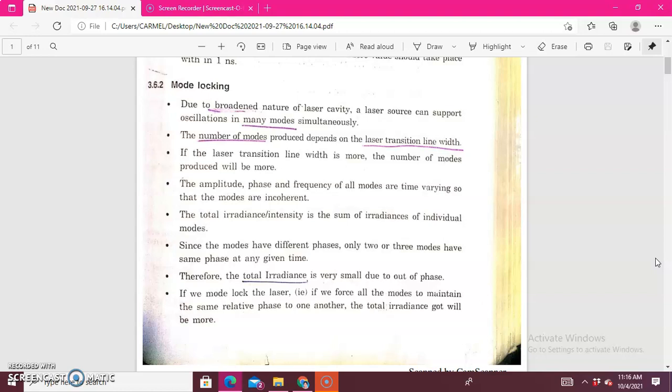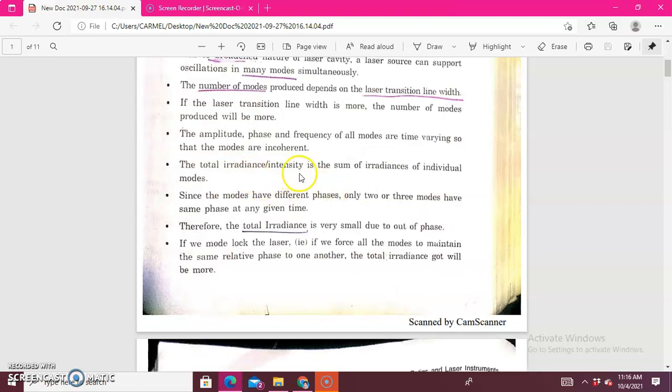Here, the amplitude, phase and frequency of all the modes are of a dynamic, time-varying nature, so the modes are incoherent, they are not coherent. Because of that, the total radiance and intensity is the sum of the irradiance of the individual modes.